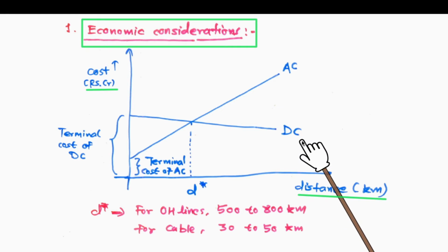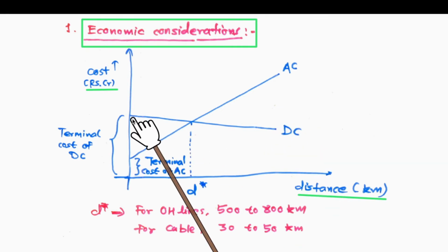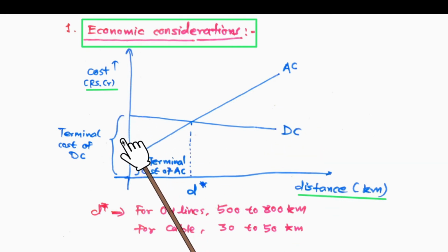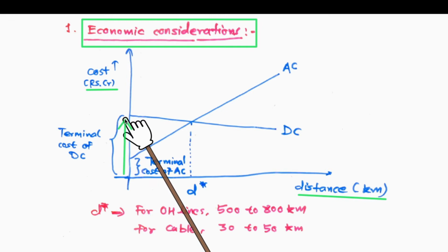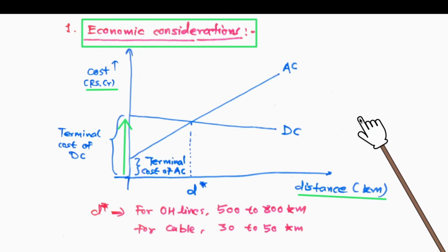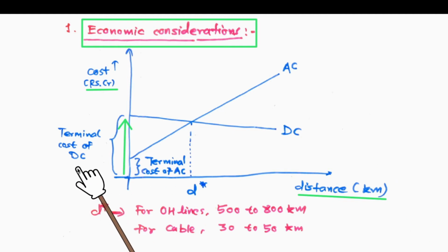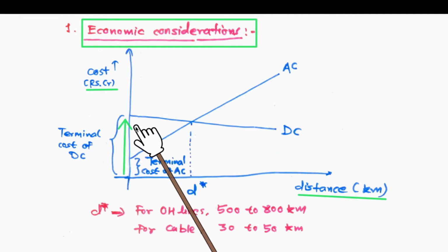Now let us come to the DC option. You observe that the terminal cost of DC, right? The terminal cost of DC, it is higher as compared to the AC. There are several reasons for it that we are going to see later. Okay, so terminal cost, because it involves conversion of AC into DC, so additional equipment will be required.